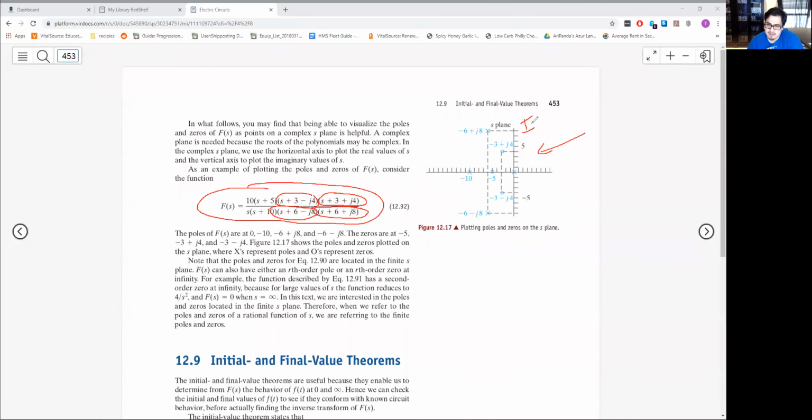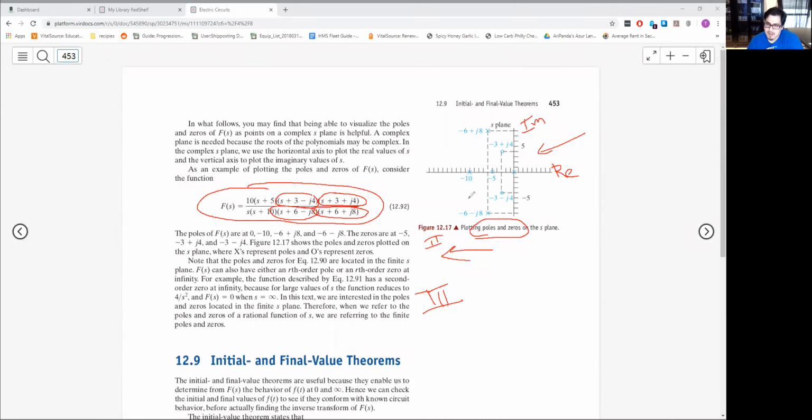This is your imaginary part, this is your real part. And notice because all our poles and zeros are negative, they're going to be in the second and third quadrant, right? Pretty much all poles and zeros should be negative at the end of the day.